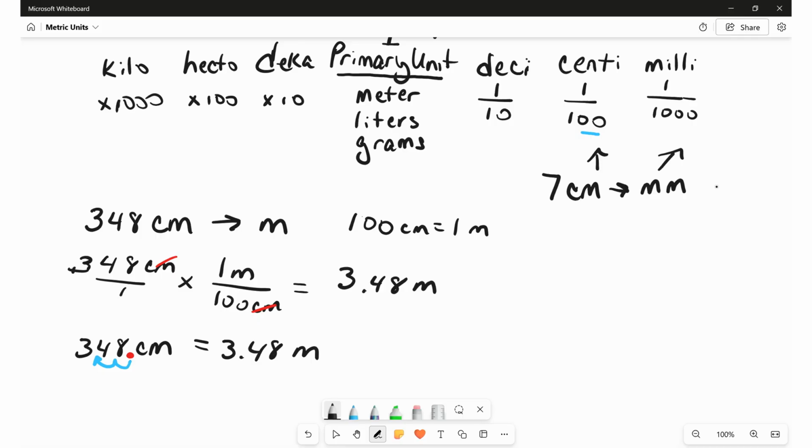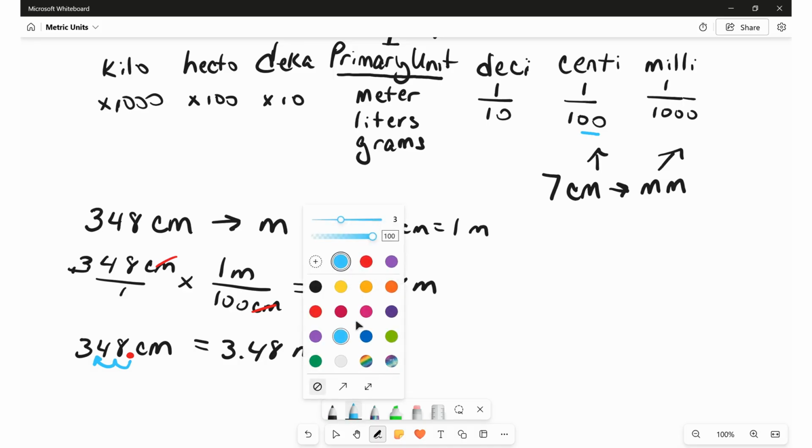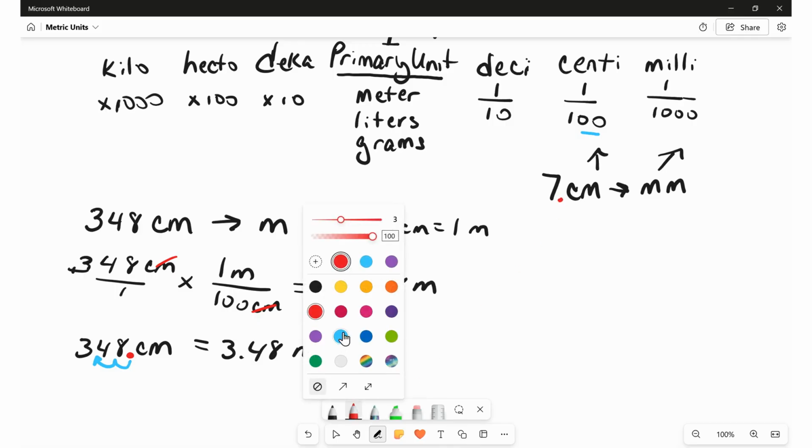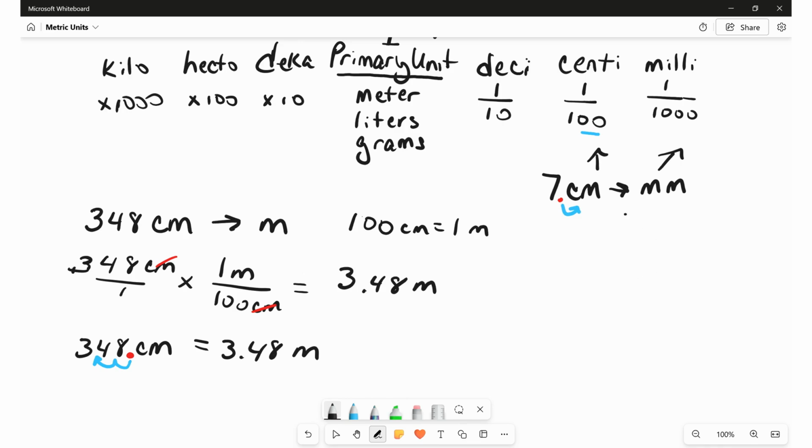So in order to get from centimeters to millimeters, we have to take that decimal point that sits at all numbers and move it 1 place to the right. And when we do that, we get 70 millimeters. We have to fill in that space with a 0. And this is the same for every single conversion.